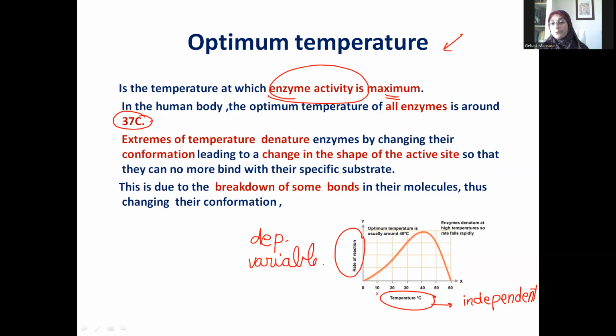So whenever you change the independent variable, which is here the temperature, and you have to put the unit on the graph, the dependent variable will change, and that's why we call it dependent, because it depends on the changes in the independent variable.